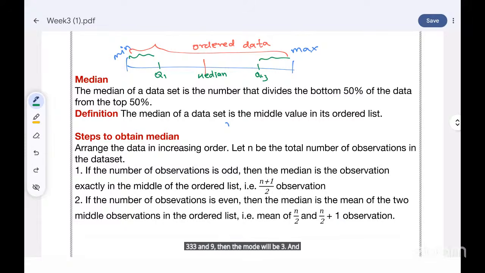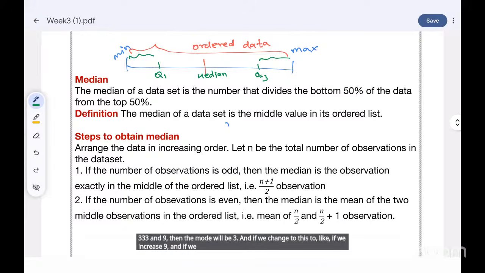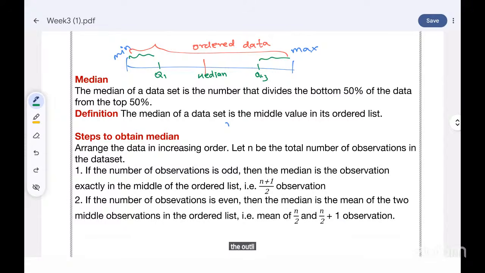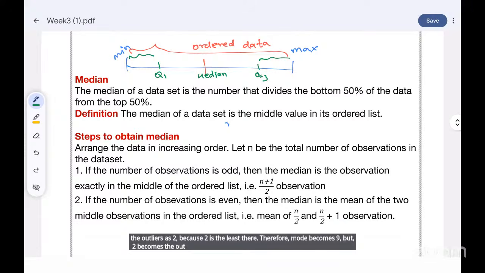And if we increase 9 and decrease all the other values, then 2 would become an outlier because 2 is the least there. Therefore the mode becomes 9, but 2 becomes the outlier. Therefore, mode is least affected by outliers. He told that.